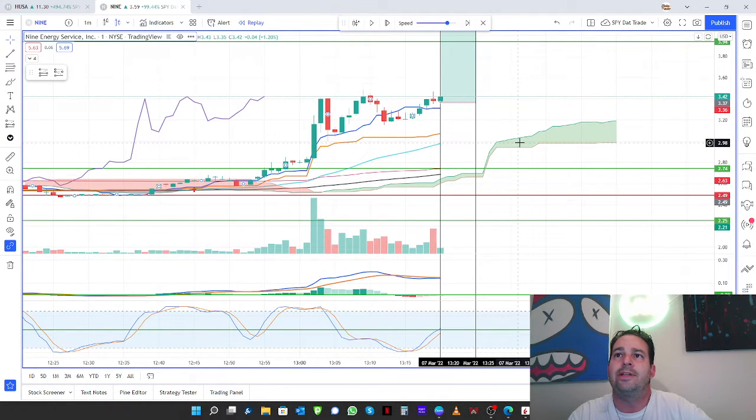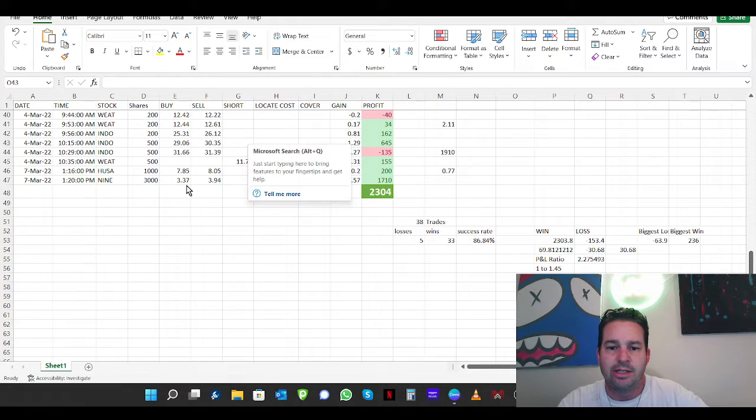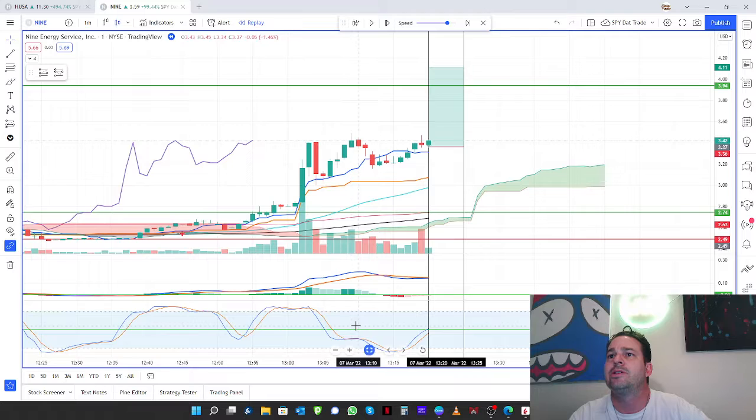So I'm confident at this point at the highs here coming in. So at the end of this red candle here, at the end of that, I immediately pushed my button. So I was pushing the button to buy, and here I was quite confident on it. I actually bought 3,000 shares.